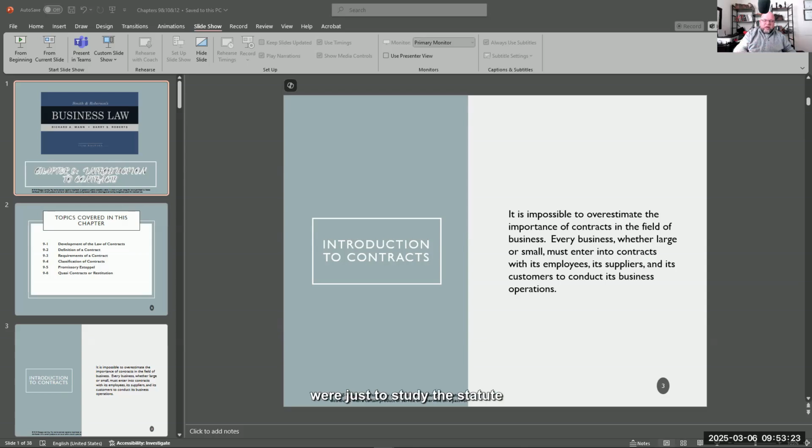If you were just to study the statute of frauds on its own, it could be a bit confusing, just to study it by itself as a standalone item. So laying a foundation for contracts before we get into that is kind of the reason for covering 9, 10, and 12 together.